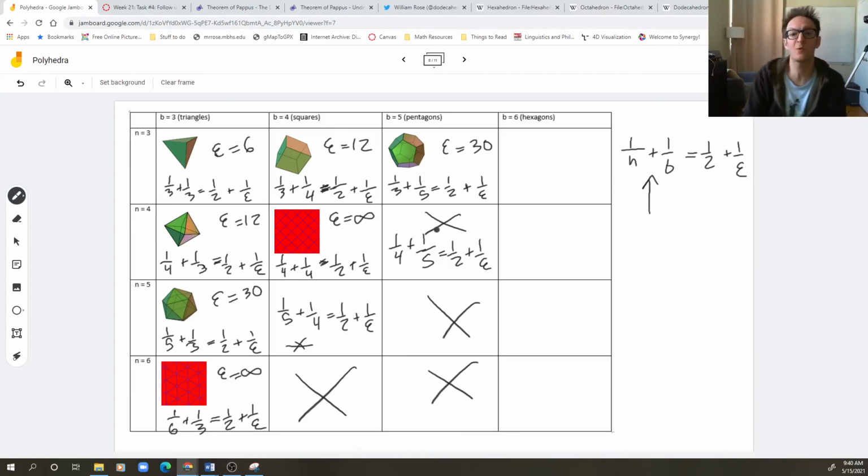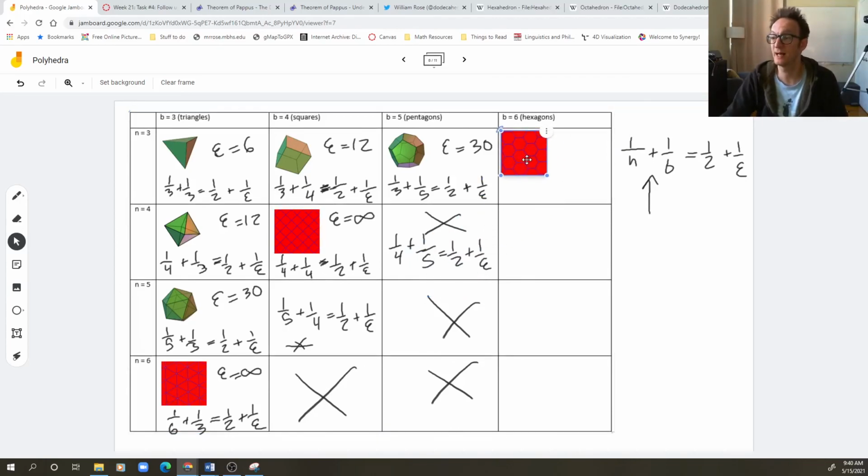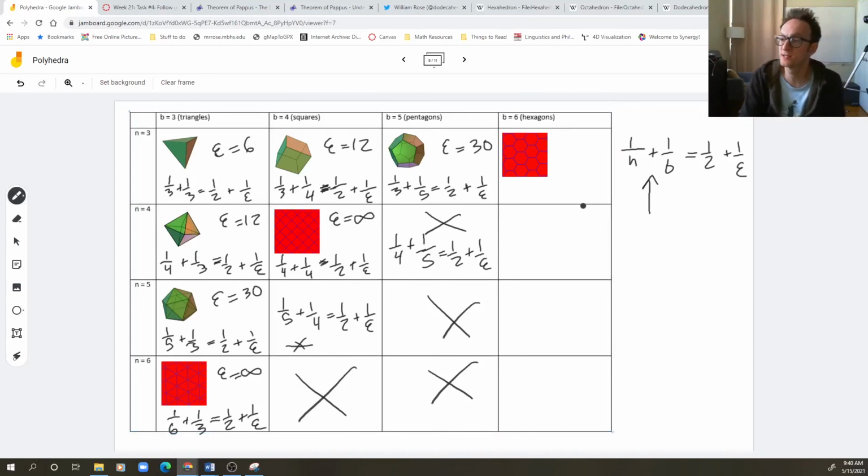Okay, the last thing, what if you try to do this with hexagons? 3 meeting at a vertex. Can you do that? Well, kind of. And what you get is the hexagonal tiling. And this is 1/3 plus 1/6 equals 1/2 plus 1 over epsilon.